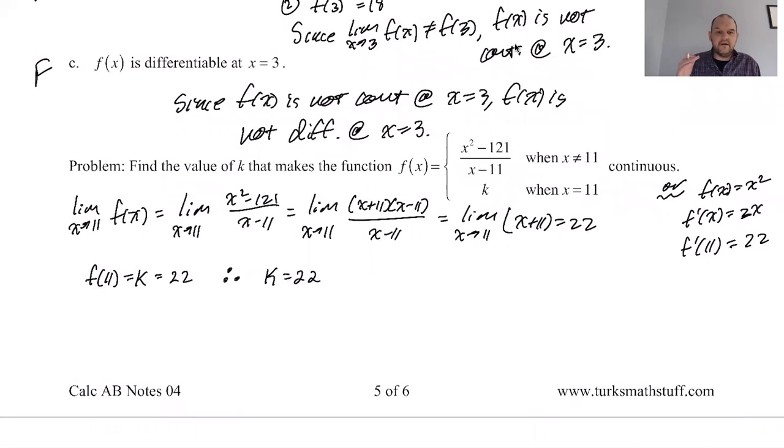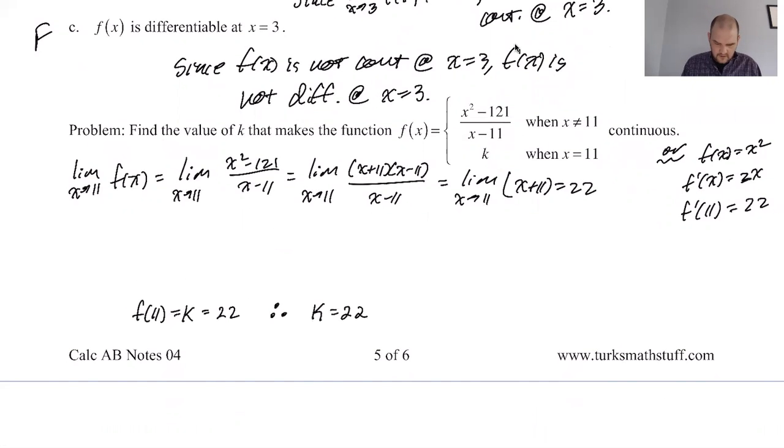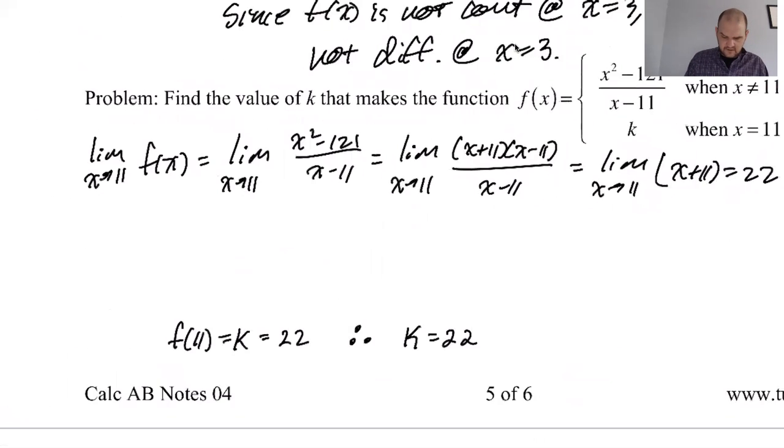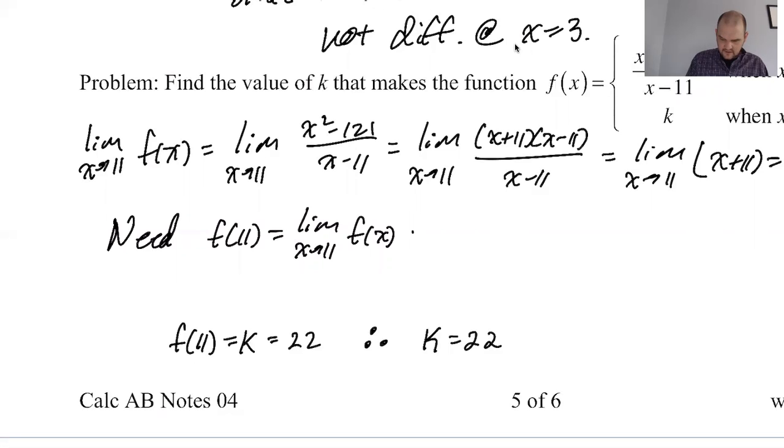So I don't feel like that's the best explanation. Maybe I'll move this down. So maybe I'll say, we need f of 11 to equal the limit as x approaches 11 of f of x.